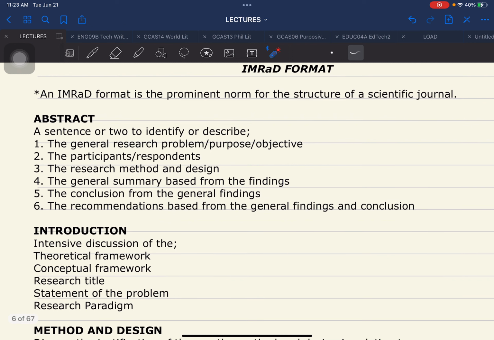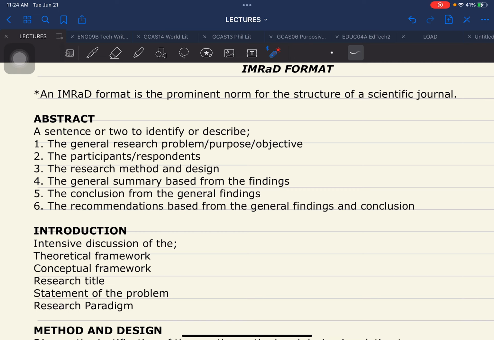But because in a scientific journal, there is not one but a lot of studies that are compiled and included in that particular journal. So it's a compounding of studies from different fields in one journal.